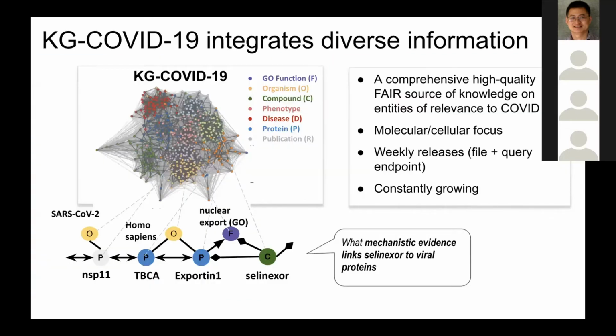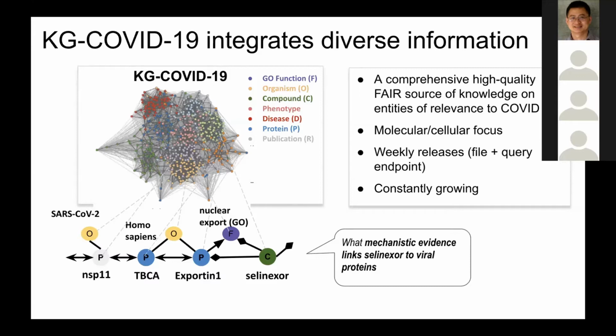So we set about building a knowledge graph, bringing together diverse information on COVID and SARS-CoV-2. I've illustrated a little section of the knowledge graph on the bottom left here. This is the protein-protein interaction part of the graph, where we can see, for example, viral proteins such as NSP11 interacting with human proteins, TPCA2, which themselves form part of a protein-protein interaction network, from which we can traverse paths to look at what drugs may impact proteins that are part of that network.